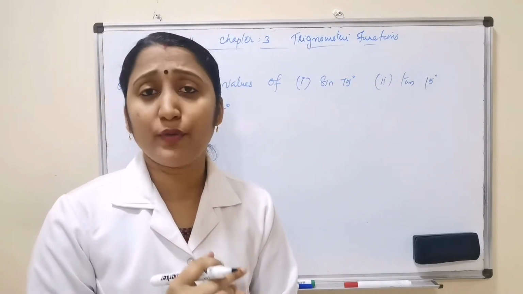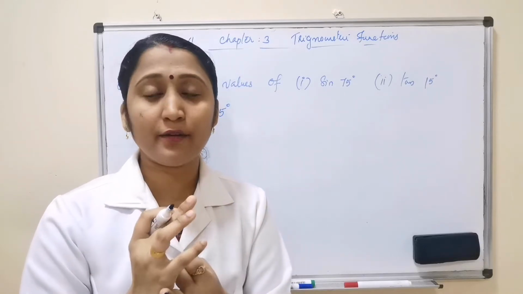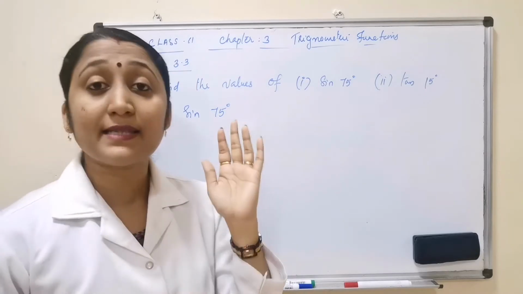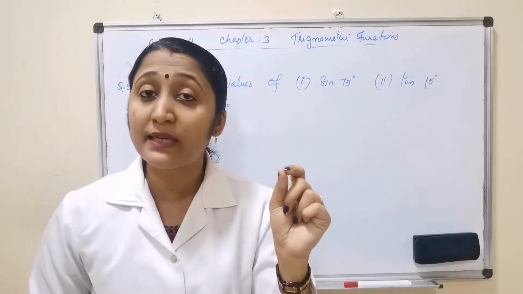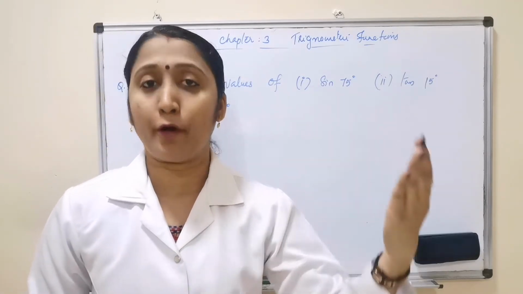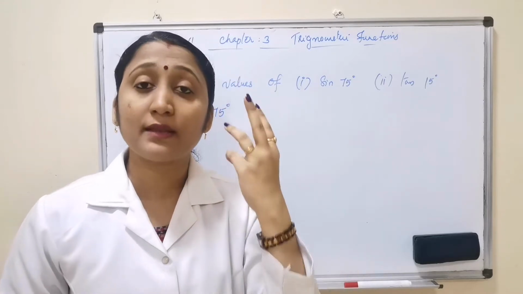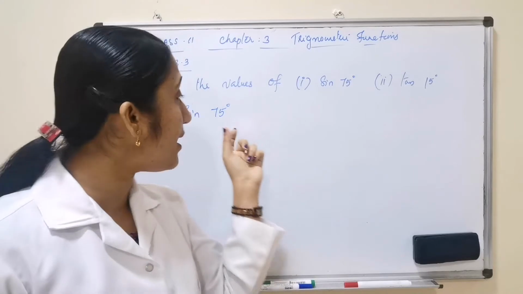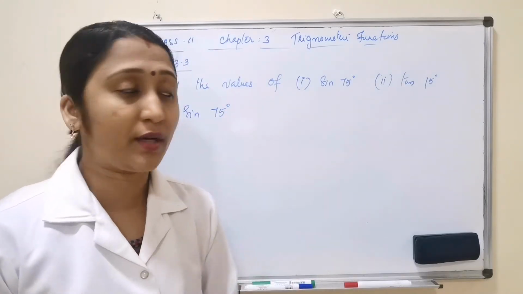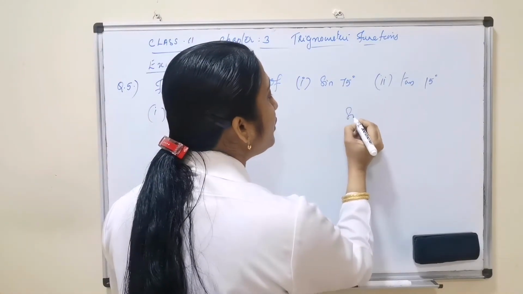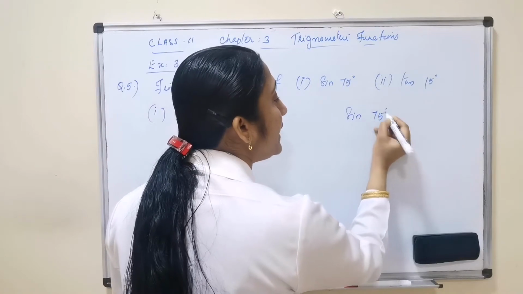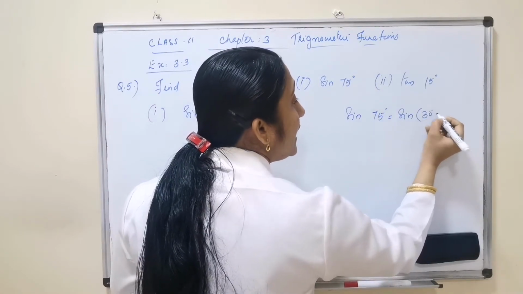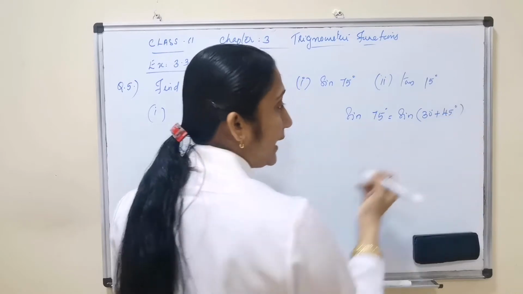What are the angles we know? 30, 45, 60, 90, etc. Here 75 we can split into 30 and 45, because we already know the values for 30 and 45. So sine 75 degrees is equal to sine of 30 degrees plus 45 degrees.